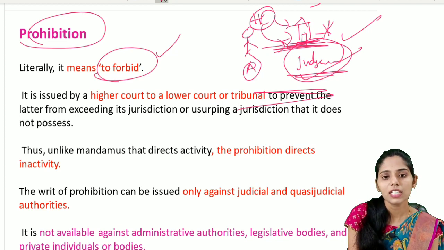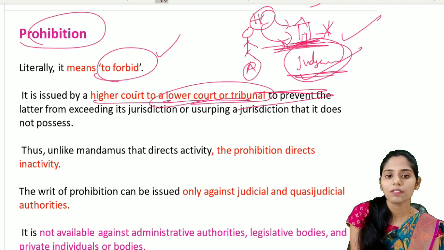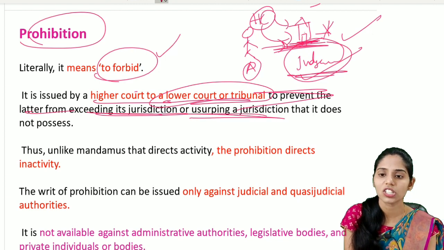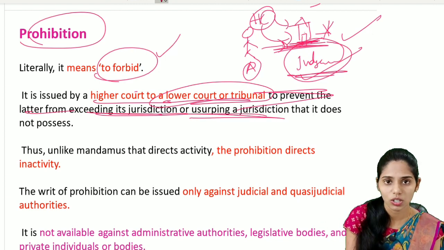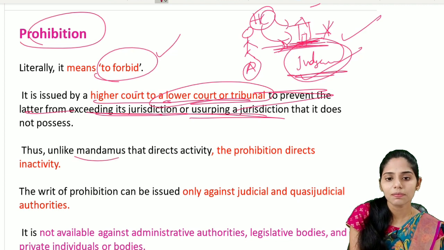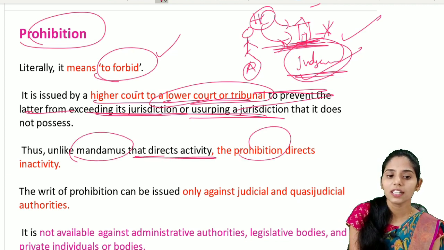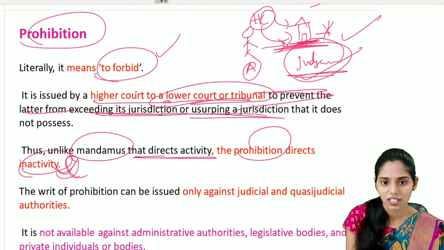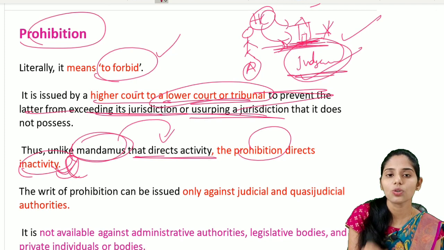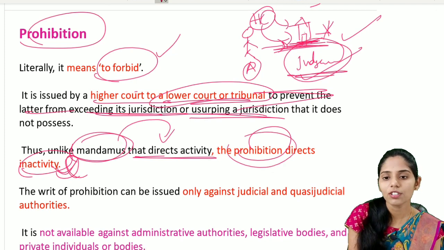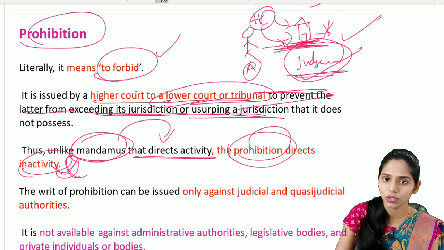It is issued by the higher courts to the lower courts or the tribunals, mainly to prevent the latter from exceeding its jurisdiction or usurping a jurisdiction that it does not possess. Unlike mandamus, which directs activity, prohibition directs inactivity. Mandamus says you have to do the work, but prohibition says you do not do the work.